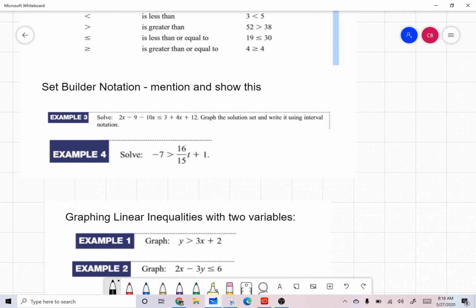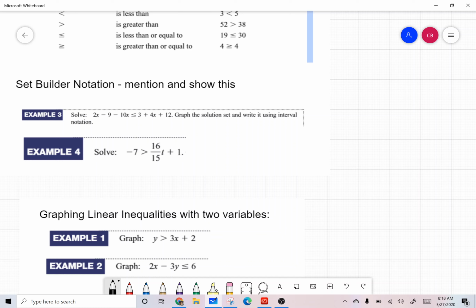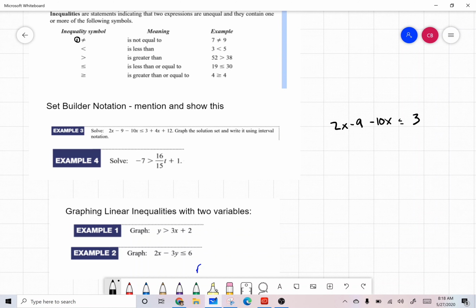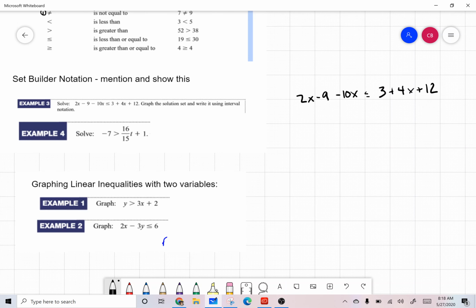So we're going to talk about set builder notation. Let's do this next problem. We have 2x minus 9 minus 10x is less than or equal to 3 plus 4x plus 12. So let's combine like terms. This means negative 8x minus 9 is less than or equal to 15 plus 4x.